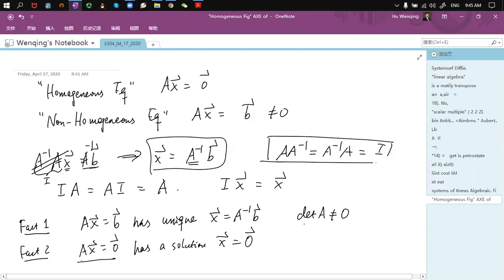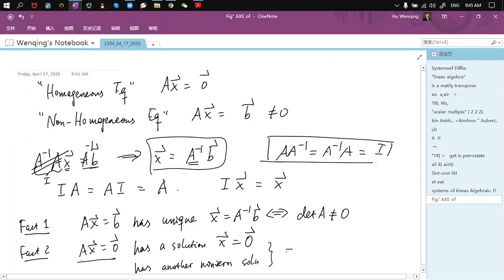Now remember the first fact: if the determinant of A is not equal to 0, you must have a unique solution. That means there's only one solution. Now if AX equal to 0 has the solution X equal to 0, and the determinant of A is non-zero, it means the only solution is X equal to 0. So suppose it has another, non-zero solution.